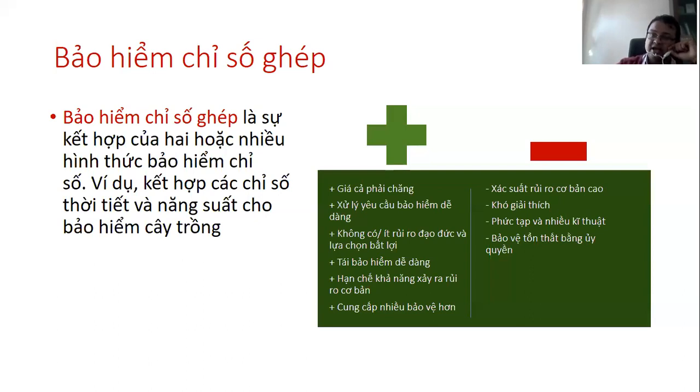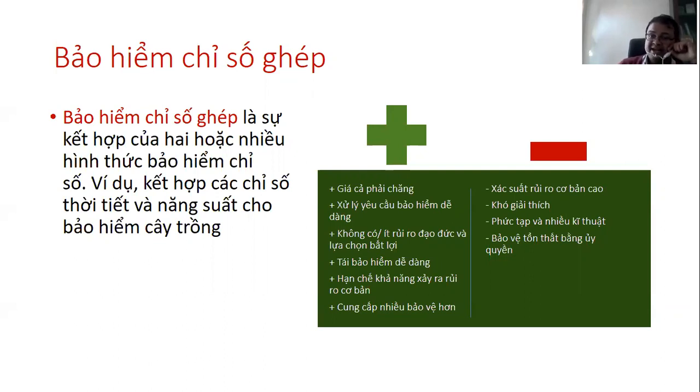So, in other words, using the example from before, on a standalone basis, if the trigger for the yield index product was 90% of the average yield, if you're combining yield index with weather index, the price is more or less the same as the first option. In that case, the trigger for yield index might have to be 70% now.